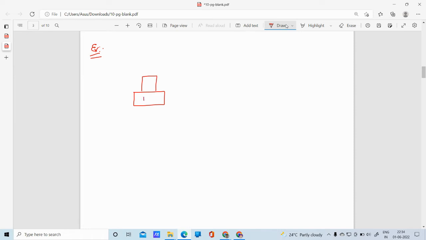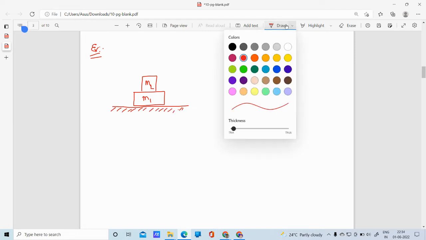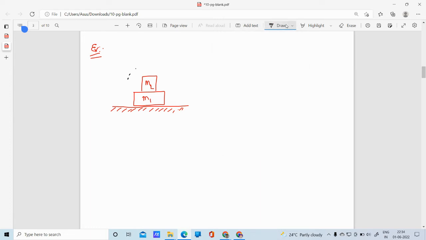This is mass m1. This is mass m2, and this is our surface. Okay, and the whole system is going downwards with acceleration a.